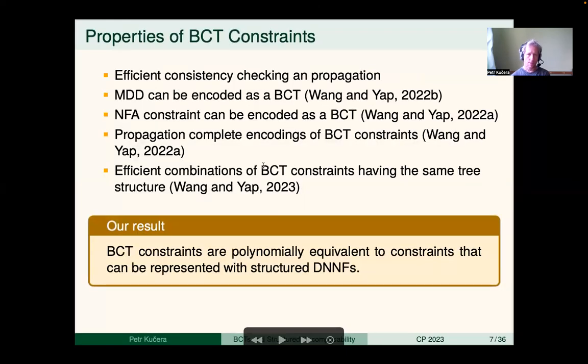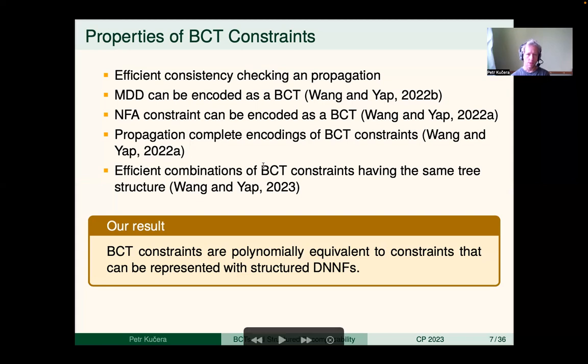So the BCT constraints have very nice properties with respect to consistency checking and propagation. In particular, consistency checking and propagation can be done efficiently. This is actually known for quite some time, because it's known that the consistency of binary constraint trees, or in more detail, CSPs with tree structure, can be checked in polynomial time.